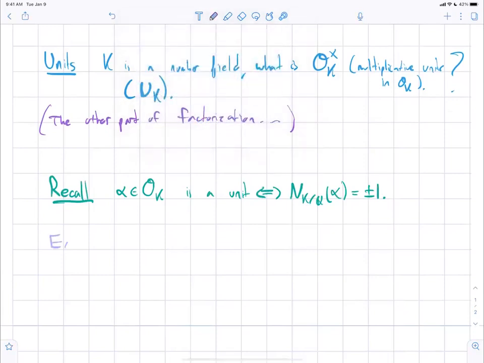So, example: in Q square root of m, let's do m congruent to 2 or 3 mod 4.